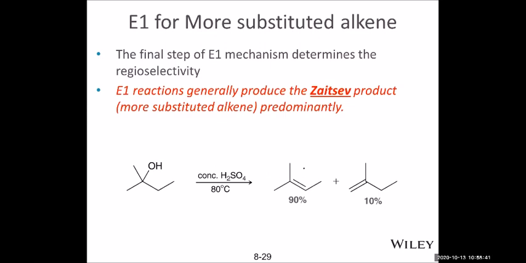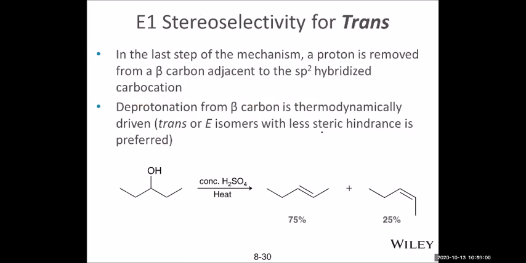This is very similar to what we've seen before, the Zaitsev elimination, giving the alkene with more substituents, the Zaitsev product. And the very last step is to remove the protons.